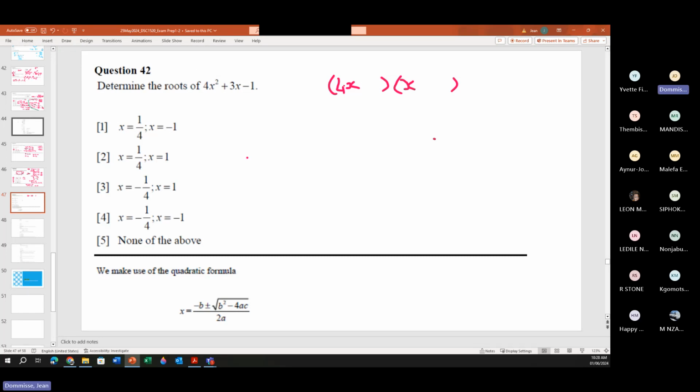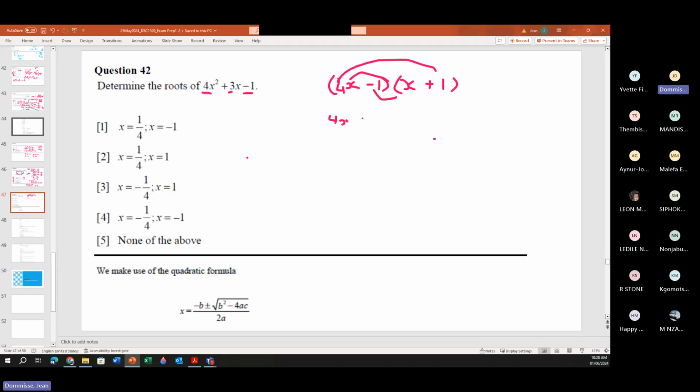4x times x will give me that. Here I see the minus, but we've got a positive there. So it will look something like positive 1 minus 4. 4 times that gives me the 4x squared. That gives me 4x.